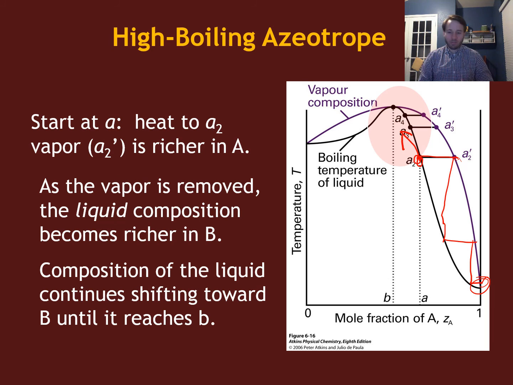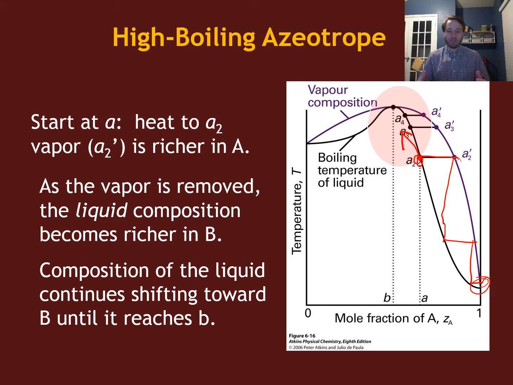So eventually the mole fraction of A is going to get smaller and smaller in the liquid phase as I'm boiling this off and purifying A, for a normal fractional distillation process.